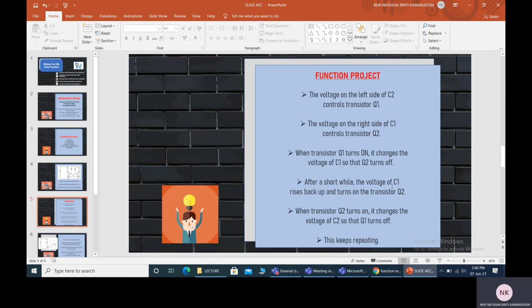After a short while, the voltage of C1 rises back up and turns on the transistor Q2. When transistor Q2 turns on, it changes the voltage of C2 so that Q1 turns off. This procedure keeps repeating.